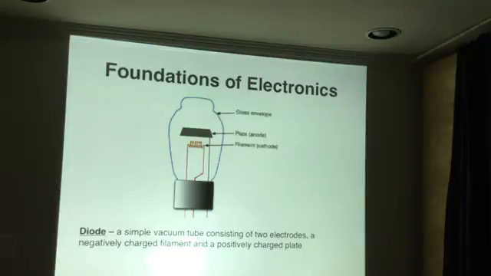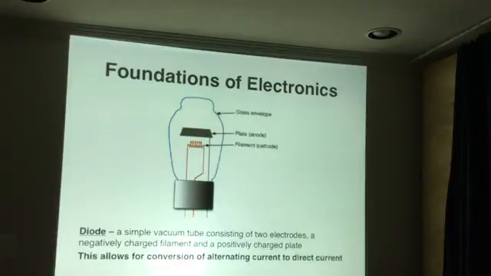So this was a simple modification of Edison's first incandescent bulb, and the purpose was not to produce light, but to produce a one-way flow of electricity. Now, because it's one-way flow, if you're in a place that has alternating current, it cannot flow the other way in this setup.